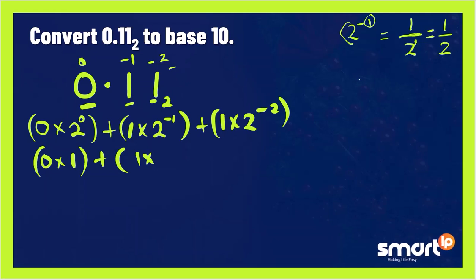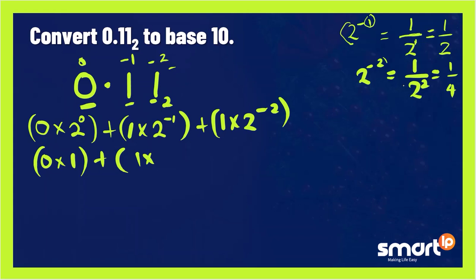What if you have 2 raised to the power -2? The minus becomes 1, so you have 1 over 2 raised to the power of 2, which means 2 times 2, and 2 times 2 is 4.